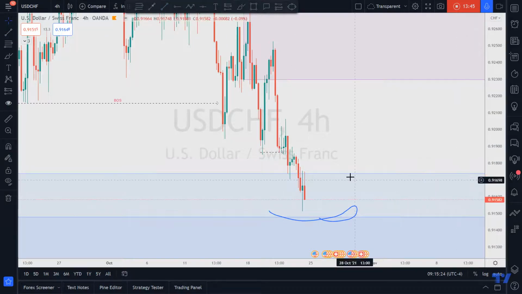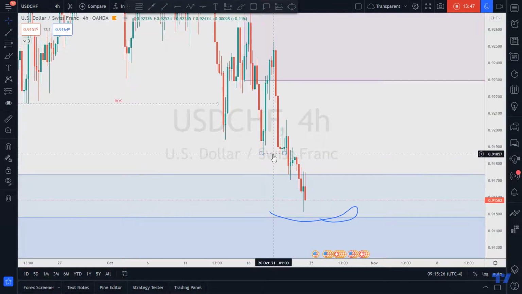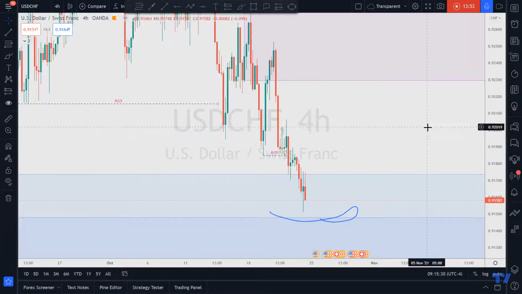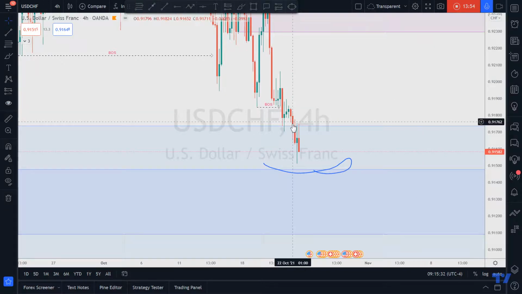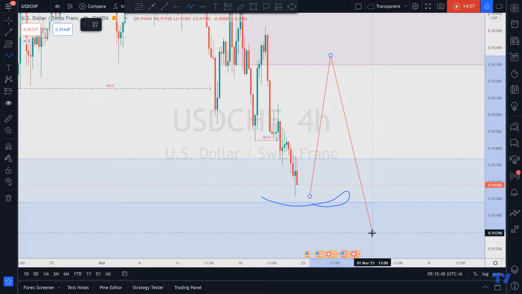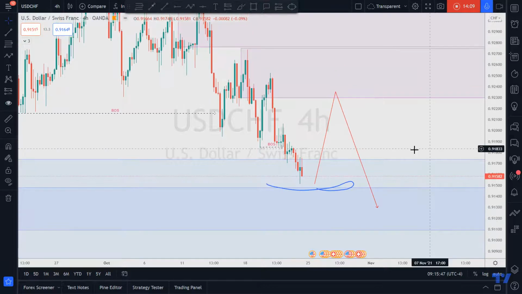I didn't put that in the right spot, but it's okay. So we're looking there. We expect a return to impulse. I don't see this order block being that return to impulse, but I do see the one ahead above it as a significant place to find a return to impulse.